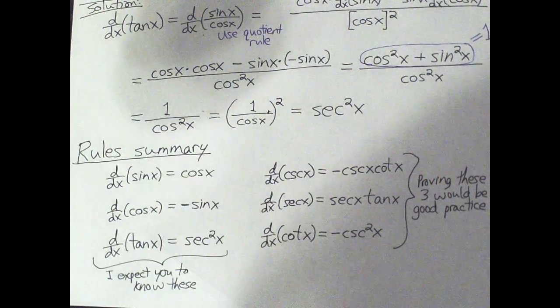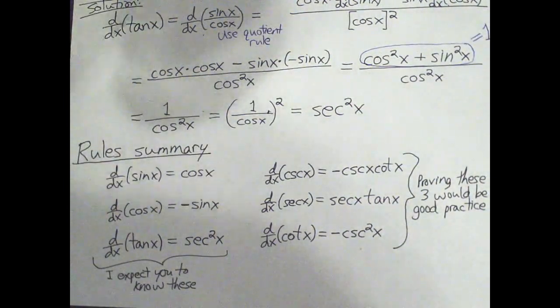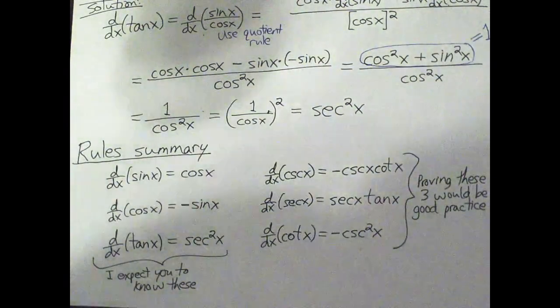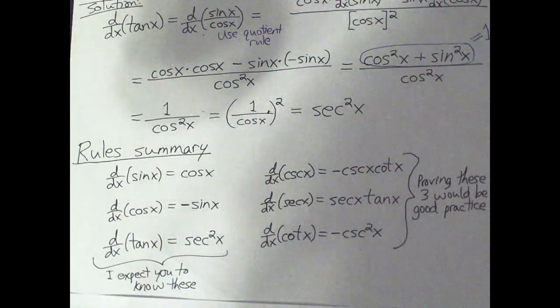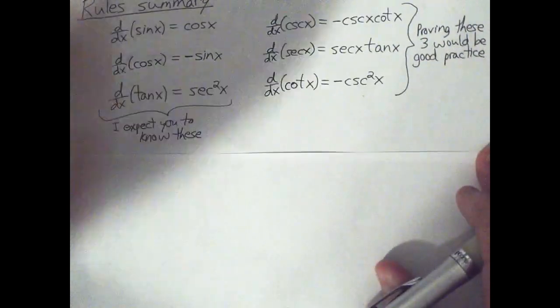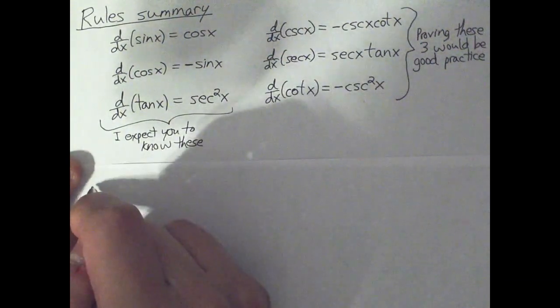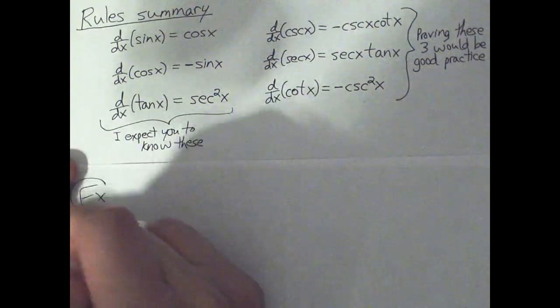I do have one more problem for us before we go. So if you've gotten those rules written down, then we're ready to move this page. Look at that, we could still fit it on the screen. All right, so I have one that I'd like you to try.